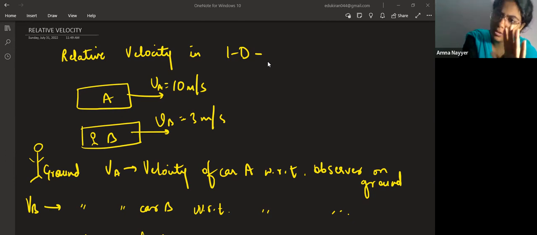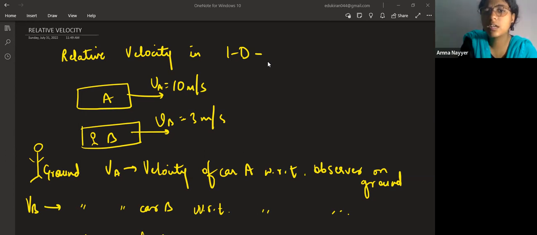Sign convention is a completely independent thing. You have to fix your sign convention. For example, let's say for a specific question I have taken left as positive. So if VA is going towards left, I'll write it as positive, and if it is towards right, I'll put it as negative. So right, left, up, down, their signs you have to choose by yourself.